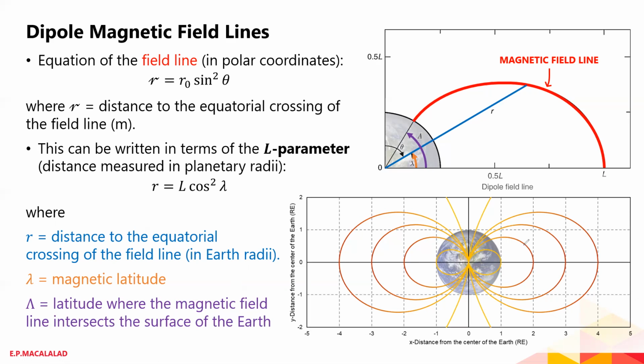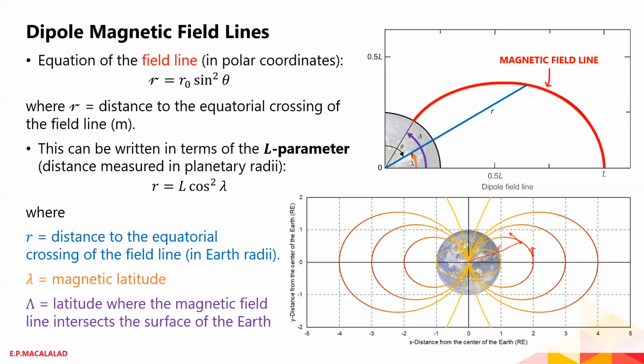At this point, this is your R. You will notice that at this point, the magnetic field is in this direction. So at this point, the magnetic field is in this direction. So at this point, you can actually draw the magnetic field.